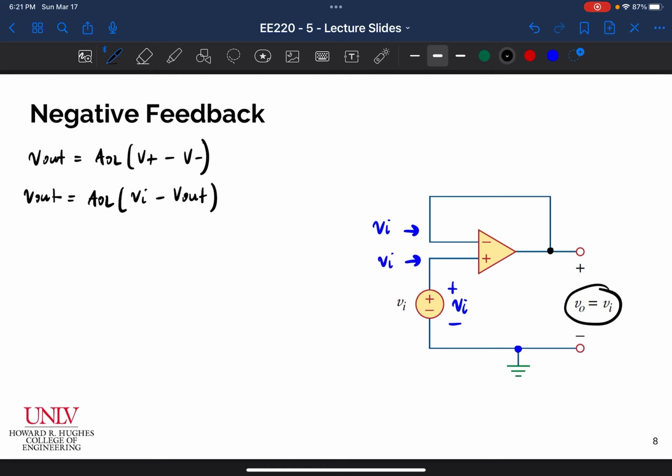And so if I were to go ahead and solve this equation for V out, I would get V out is equal to AOL times V in minus AOL times V out when I FOIL, right? Let me actually get rid of these. I don't need those. I can add the AOL times V out term over to the other side and then factor out a V out so that I get V out times (1 plus AOL) is equal to AOL times V in.